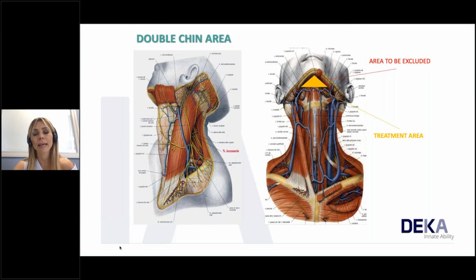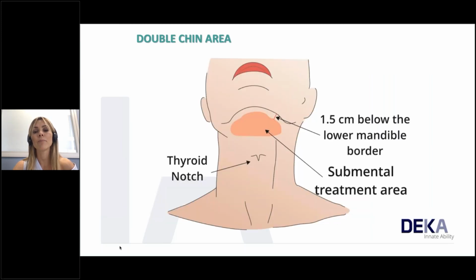This is a very delicate area, so we have to avoid the treatment of the bones because in this area there are a lot of nervous structures. So we have to stay below 1.5 centimeter from the lower mandible border, and we have to avoid the thyroid notch.